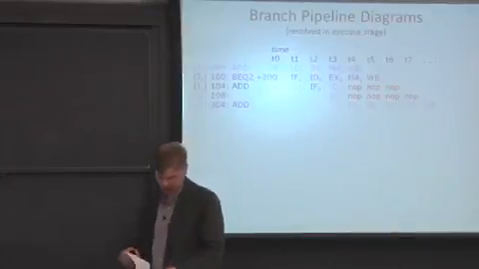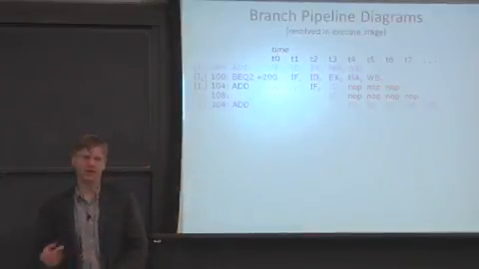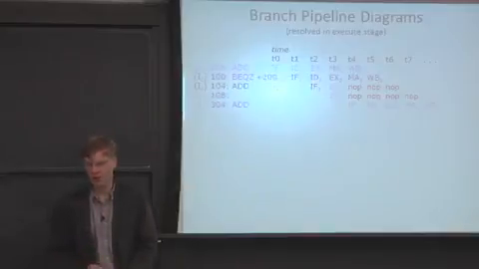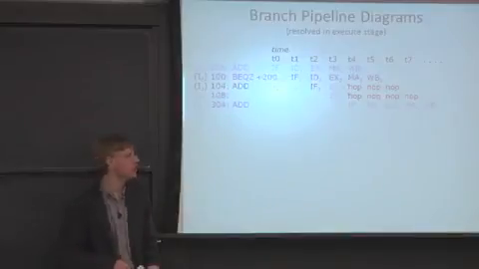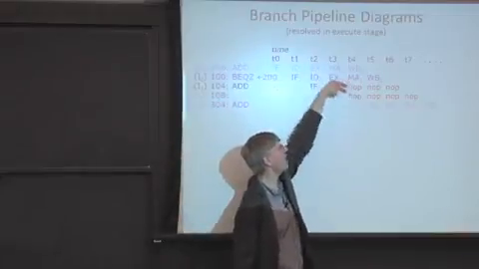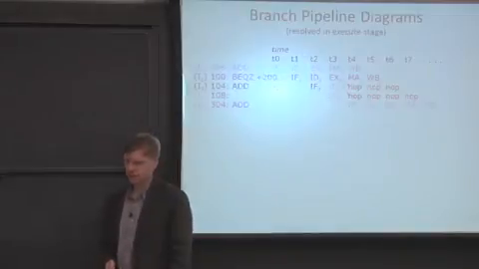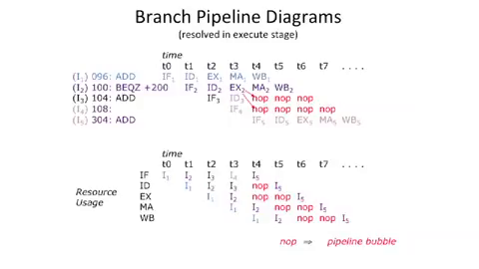This is going to impact our CPI in a negative way. What's happening is the branch which is in the execute stage is going to reach back and kill these instructions, inserting the no-ops. We can plot this in the other dimension also.